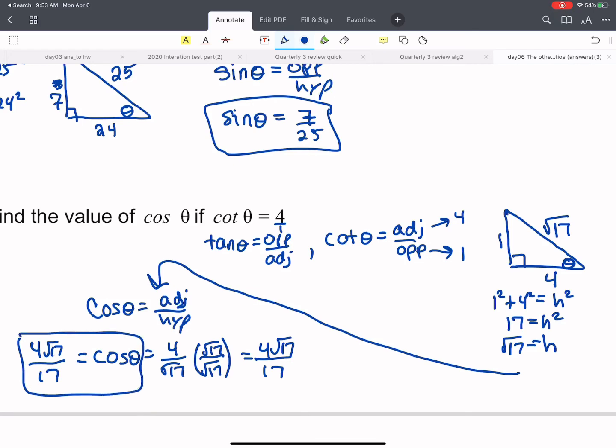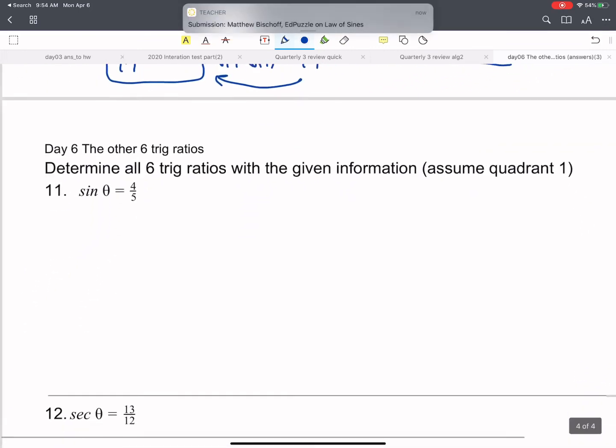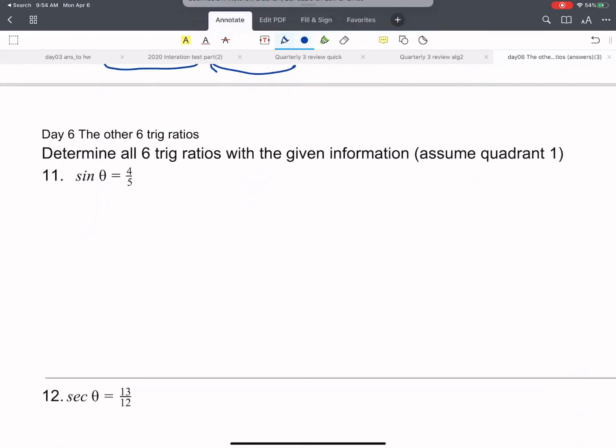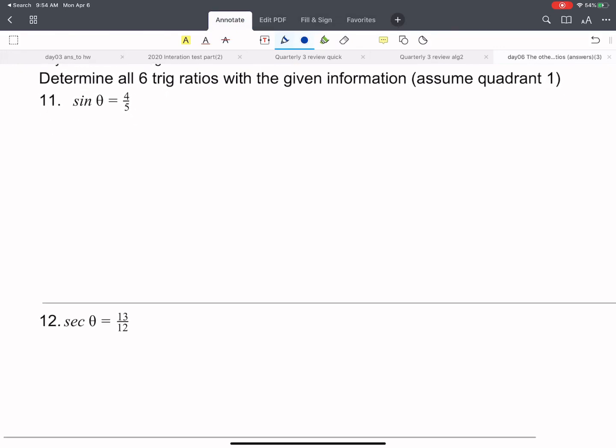Okay, all right. Let's take a look at the last thing. They're asking you to determine all 6 trig ratios with the given information. So you have sine of theta is 4 over 5. The opposite is 4 and the hypotenuse is 5.